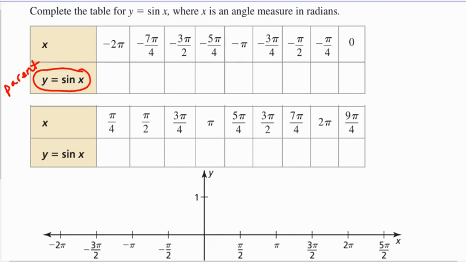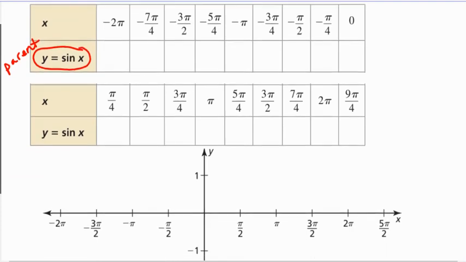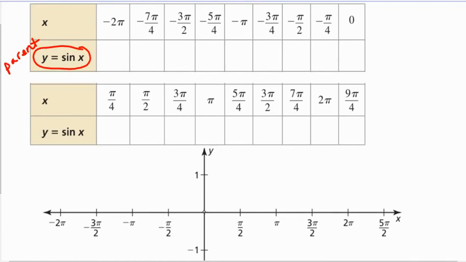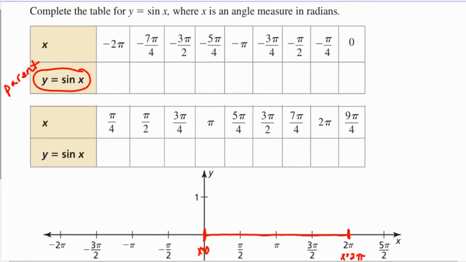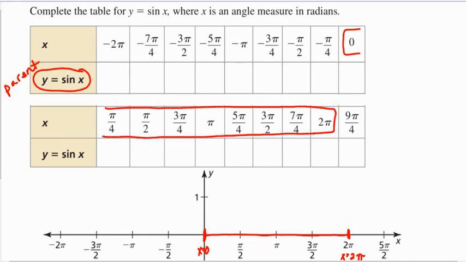But really what most people are concerned with is actually just the first little portion starting here when x is 0 and ending here when x is 2 pi. So if we go to x is 0, that's this point right here, and keep going to x is 2 pi and fill in all of these with their corresponding y values.